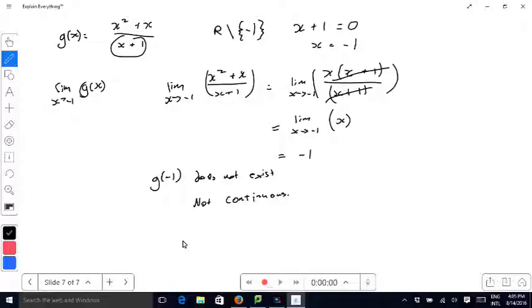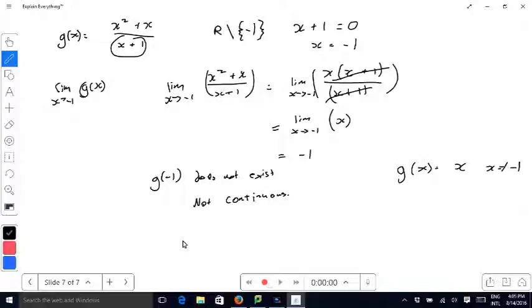So, as we calculated before, I can simplify this: g of x is actually equal to x, the straight line x, but it is not defined for x equals minus 1.